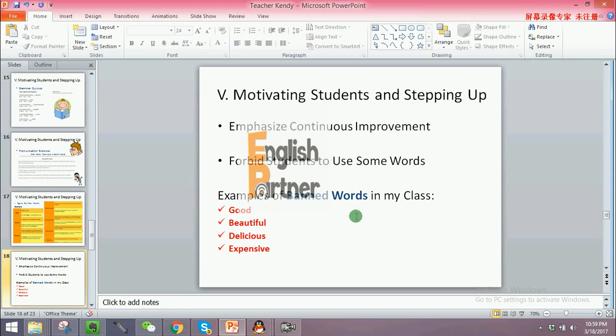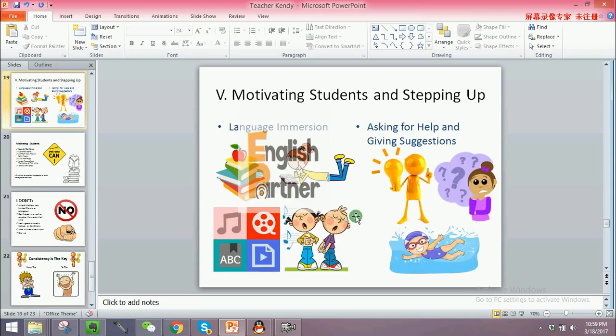Okay. And I think for me, the best way for everyone to learn English is through language immersion. I encourage my students to read books or even just a short article in English. Also, to watch English movies, TV shows, online videos, and even download English apps.